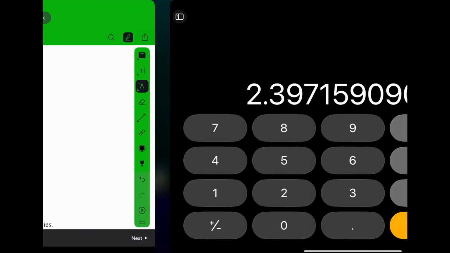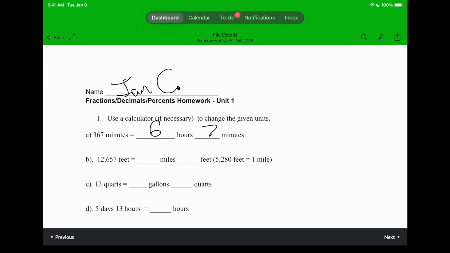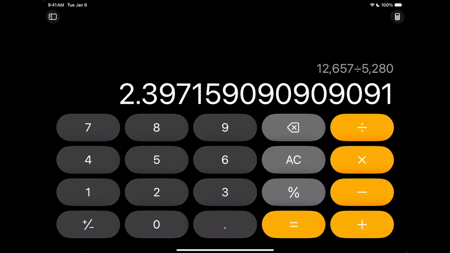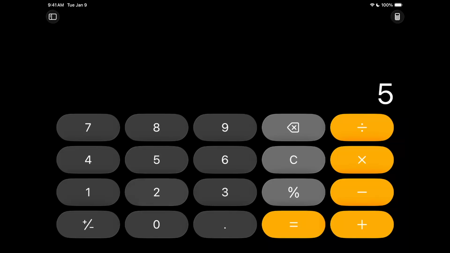So it is 2 miles. So we can write that. And then now we can take a couple extra steps. So we can do 5,280 times 2 to get however much 2 miles is, 10,560.